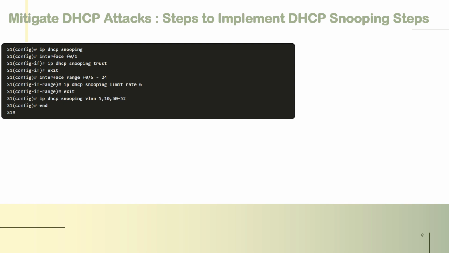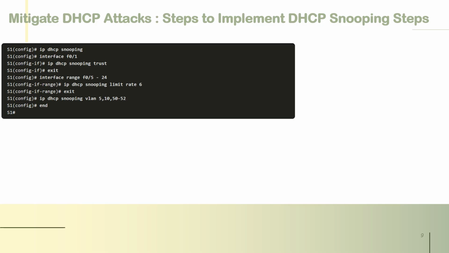And then we go to interface FastEthernet 0/1, where we configure it as a trusted port, by using ip dhcp snooping trust.